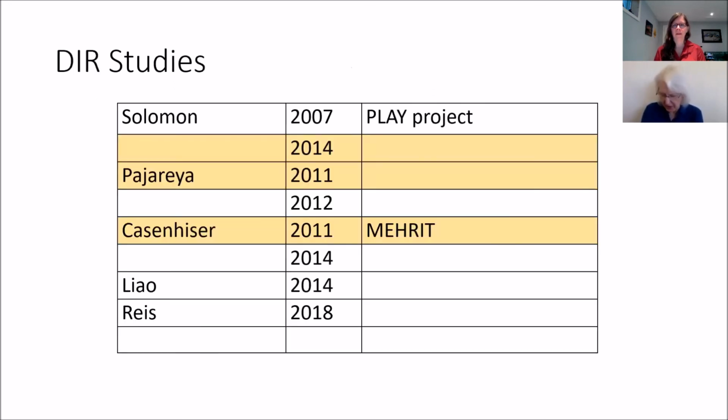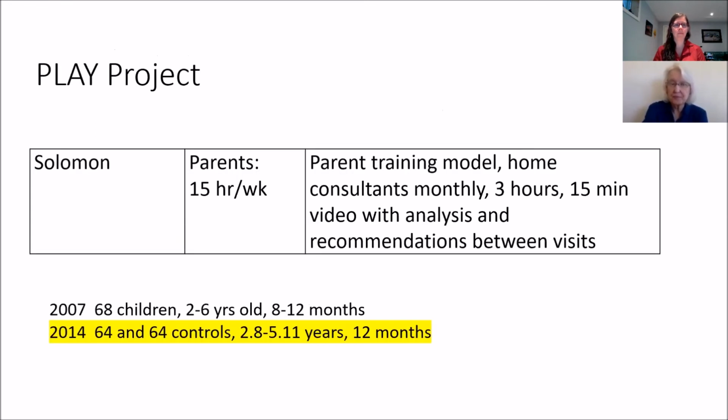And now we can look at some specifically DIR studies. And the ones I've highlighted in gold are the ones that are randomized control trials. So we'll look at each of these very briefly. So Dr. Rick Solomon, the person who developed the Play Project.